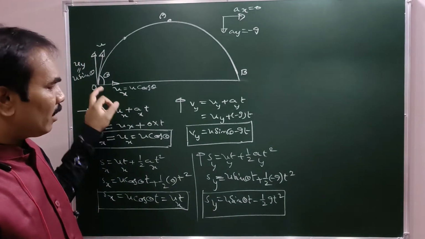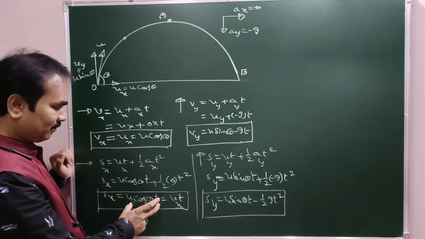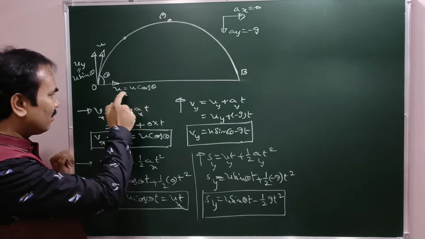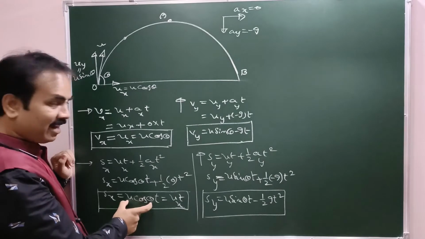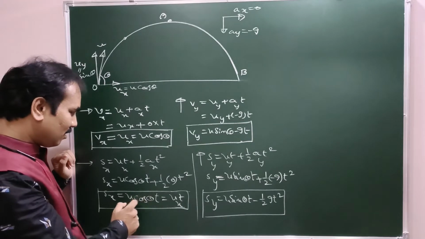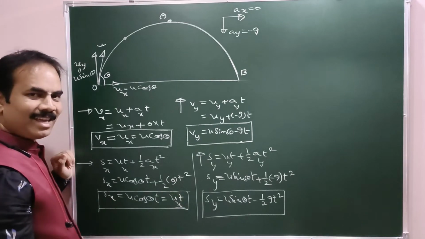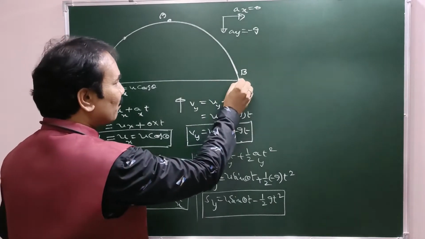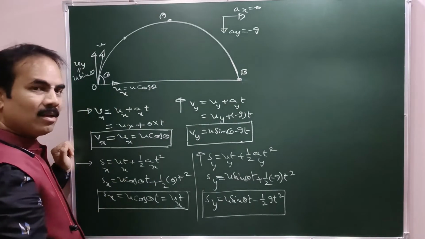Of course here sx finds no negative sign. U cos theta means the horizontal velocity at time t, that is the initial velocity along the horizontal direction, u cos theta constant. So sx equal to ux into t, that is u cos theta into t. As time goes on, sx increases. Am I right? So when it strikes the point B, which is at the same level as that of the point of projection, sx becomes maximum.